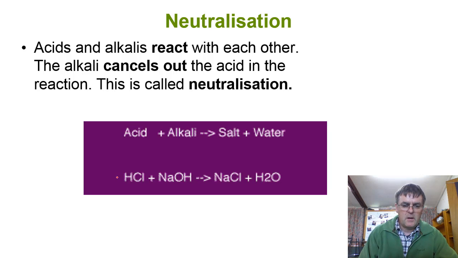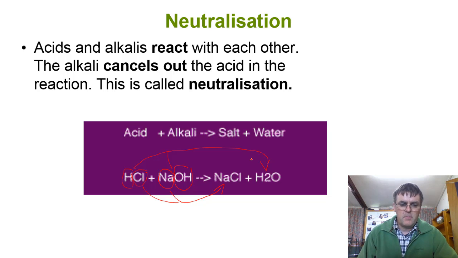So in this example here, we've got hydrochloric acid being mixed with sodium hydroxide. The hydroxide and the hydrogen ions go together to make our water, and the chlorine and the sodium come together to make our salt.